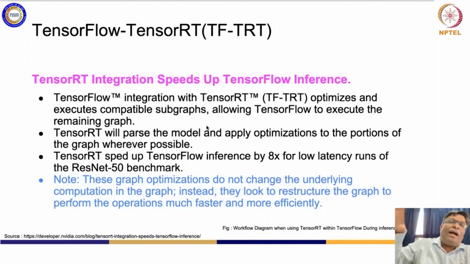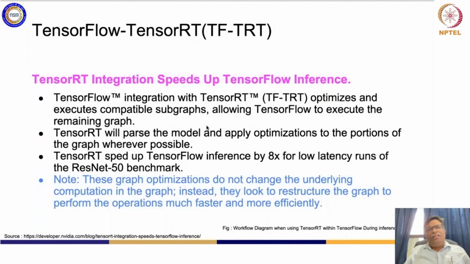So the effective idea here is TensorRT is going to generate a parsed model, and then it applies optimizations to the portions of the graph wherever possible. So we'll show you various graphs, right, in the next few minutes. We'll show you how a saved model, a TensorFlow graph, is converted into an optimized graph, right? That also you can visualize.